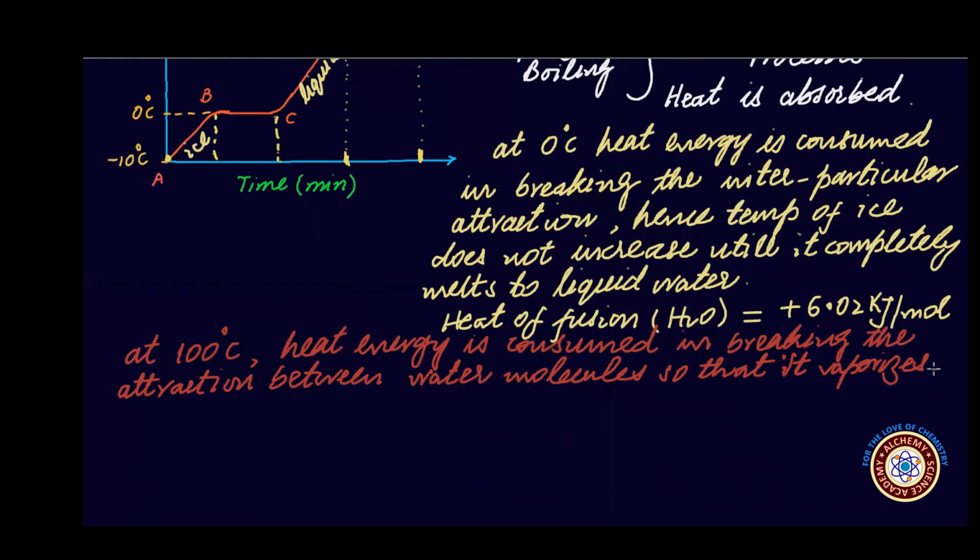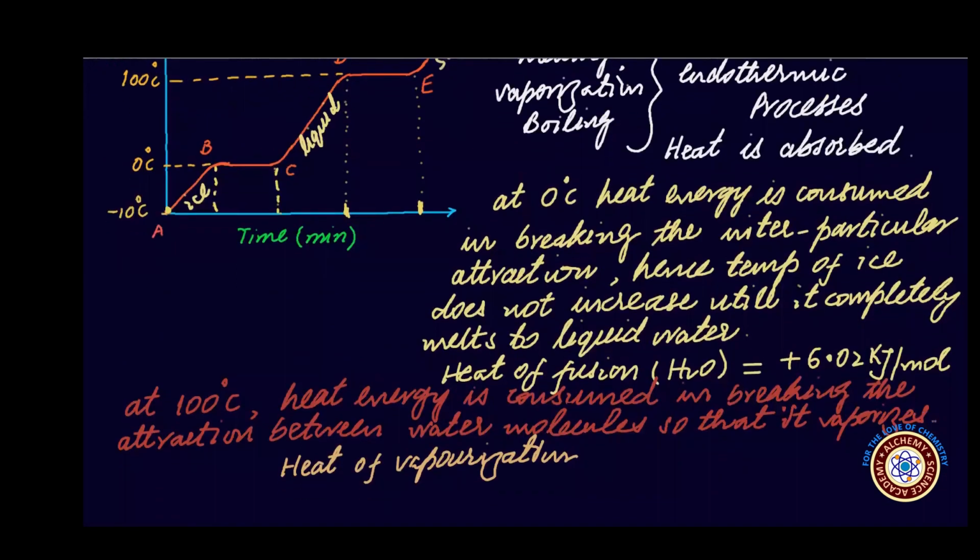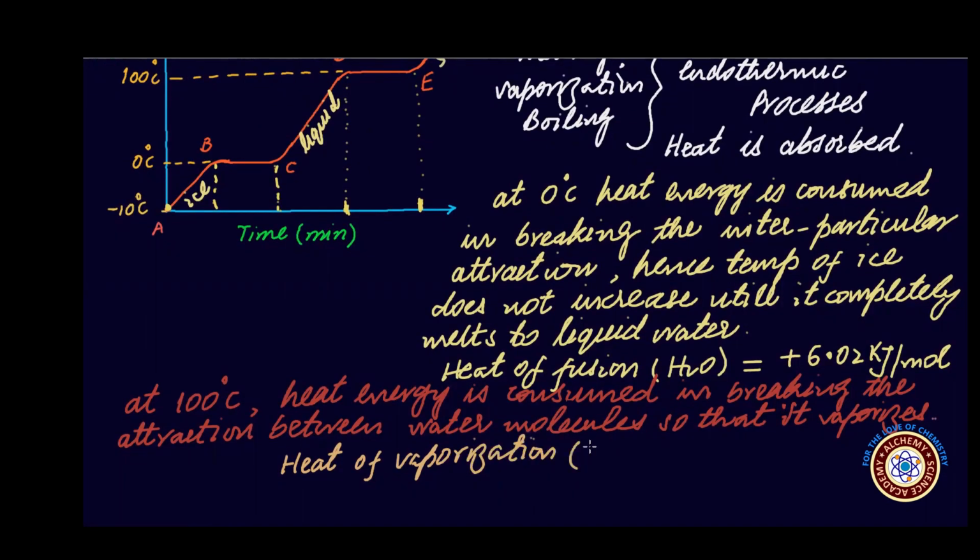Now the minimum quantity of heat energy which is required to vaporize 1 mole of water at its boiling point is called heat of vaporization or latent heat of vaporization. So latent heat of vaporization of water is +40.7 kilojoule per mole.